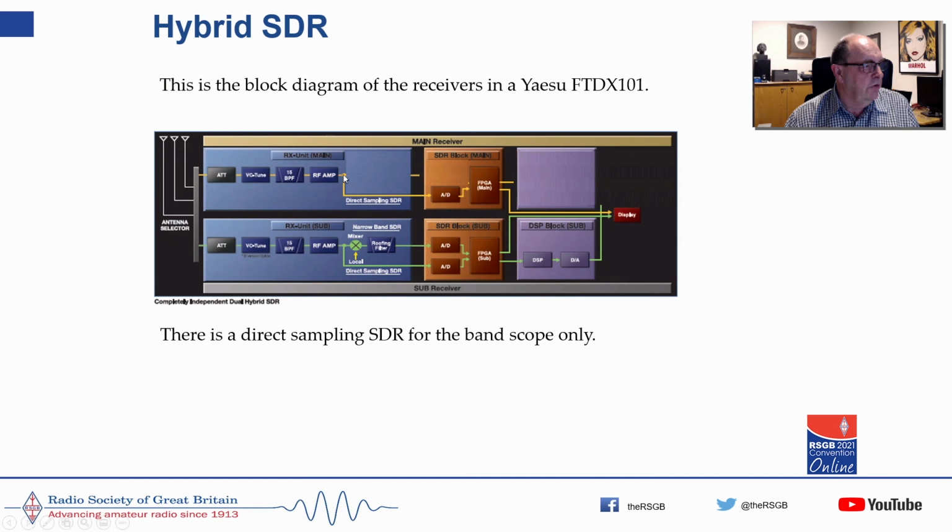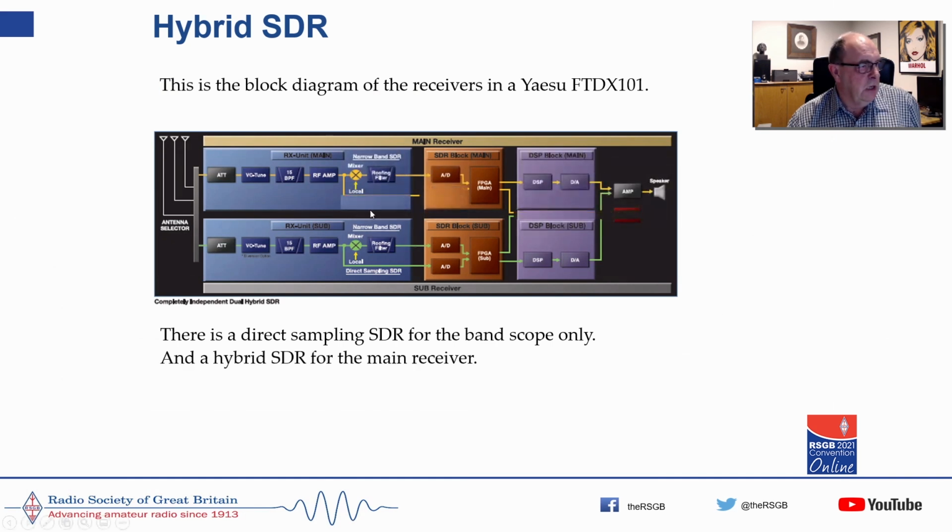There's a takeoff at the end of the RF amplifier, and it goes into an analog to digital converter, into the FPGA and straight into the display. So this is a direct sampling SDR, but it's only used for the band scope. So if we take that out, then you get the superheterodyne hybrid technology where you've got a superhet stage here and an SDR stage and a DSP stage.